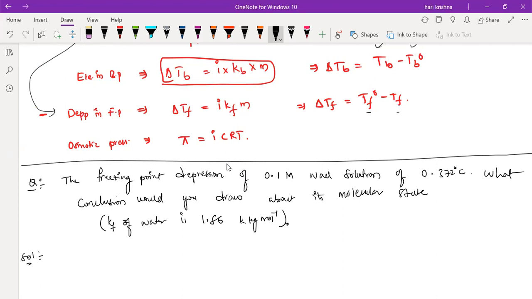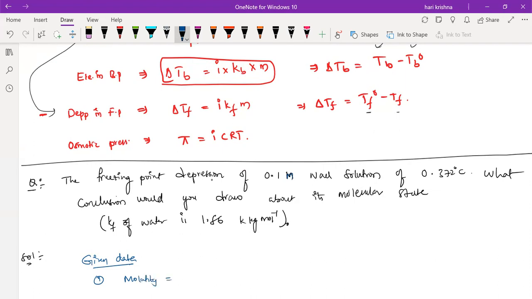Clear? So whenever questions come on this topic, on the colligative properties, first check what the given data is. What is given? Molarity is given, right? So I can take this as molality. Molality is given.